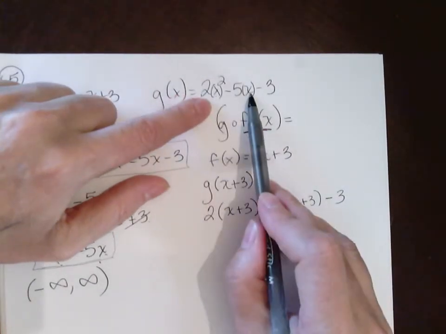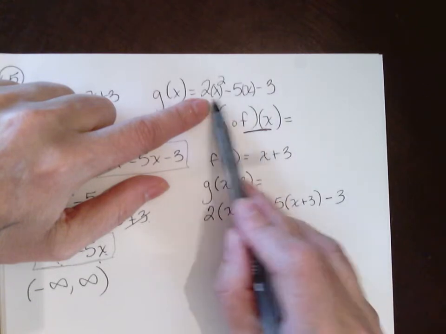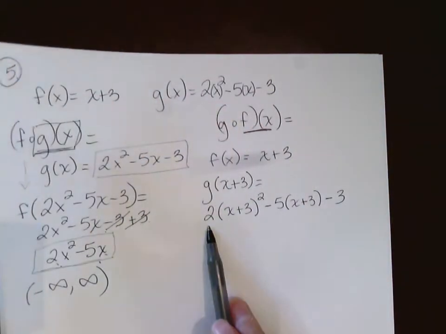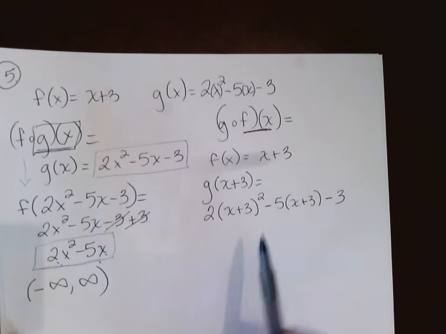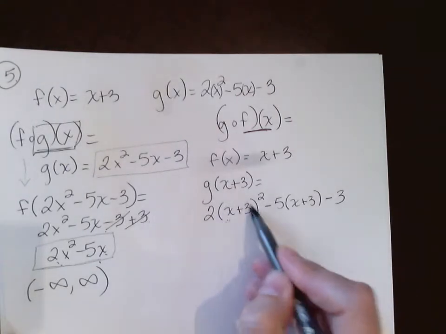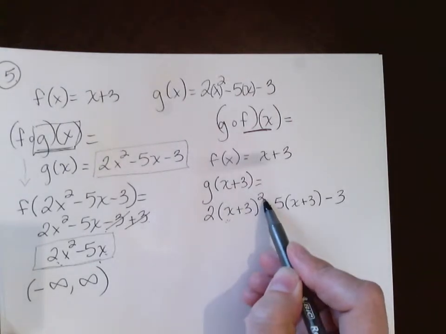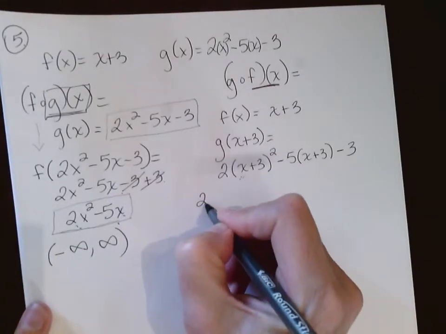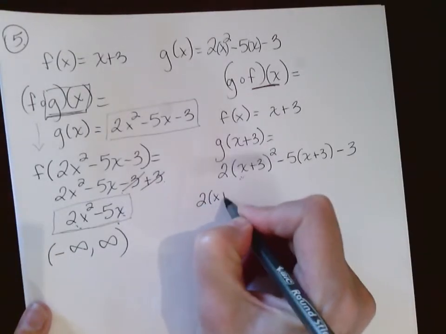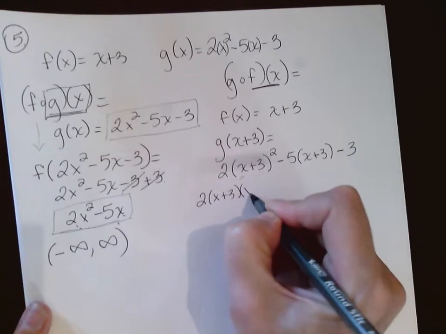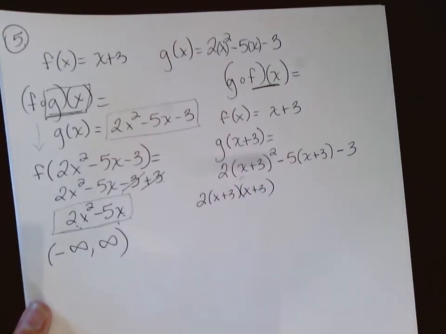So again, I put the x plus 3's in these two spots. So before I do any distributing with this 2 or that negative 5, I'm going to do this right here, x plus 3 squared. So I bring down the 2. X plus 3 squared means x plus 3 times x plus 3.